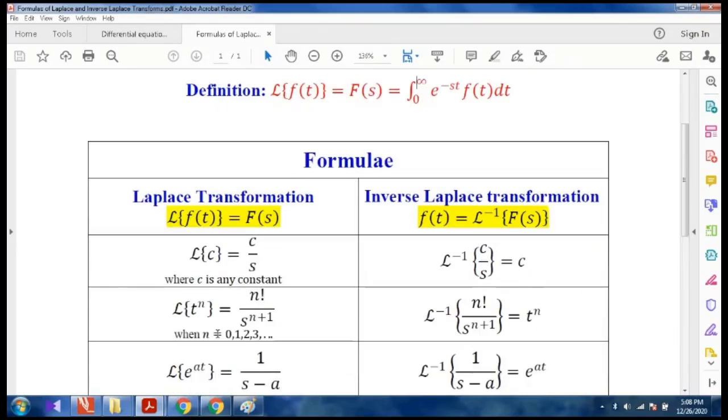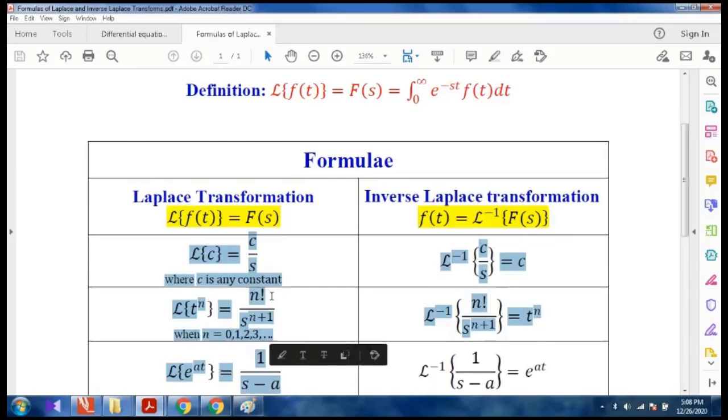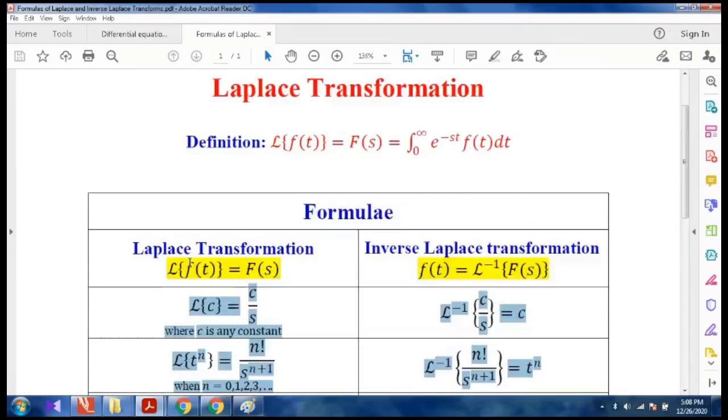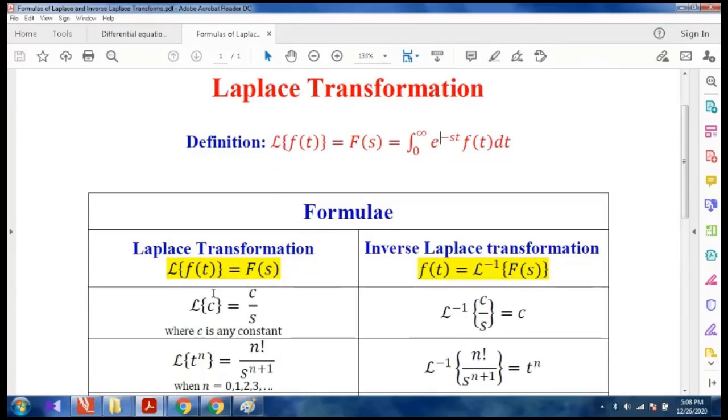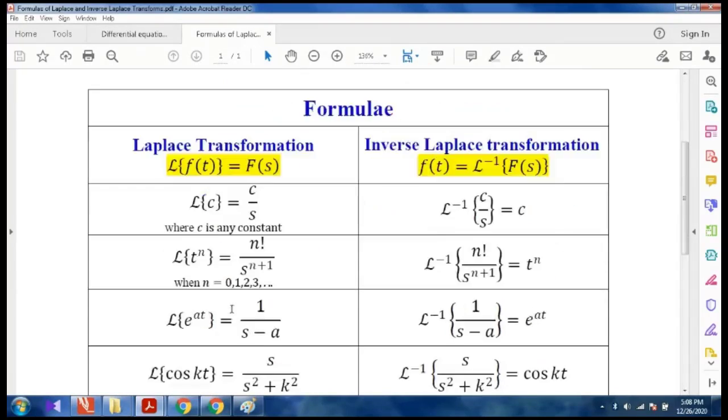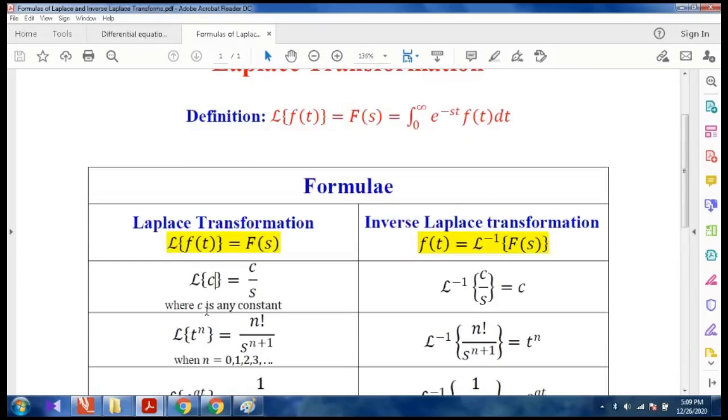Okay, that means we can derive all formulas from the main definition. So let's work with the first one, Laplace transformation of constant, because by using the definition we can derive all the formulas, but in your final exam you have to solve directly the problem.